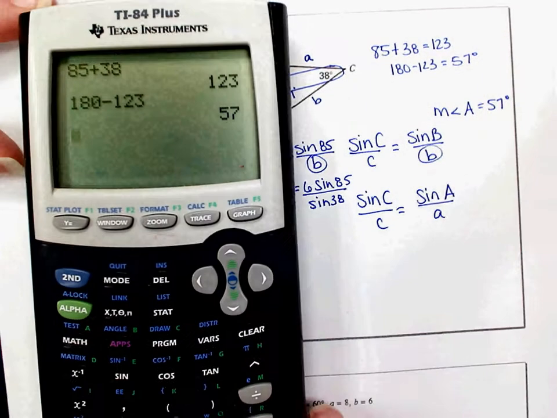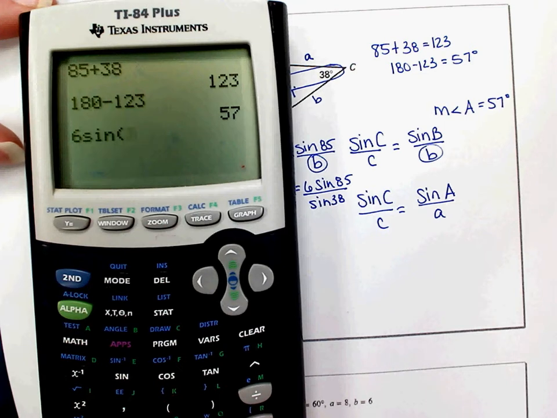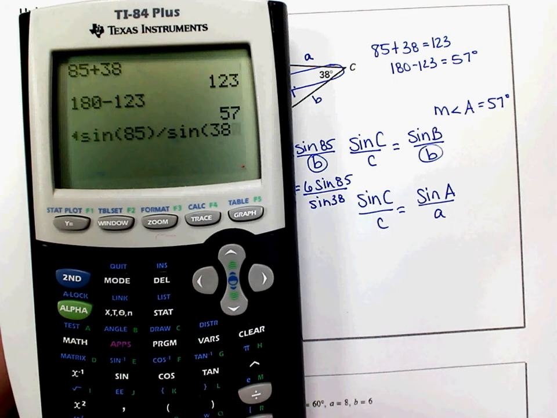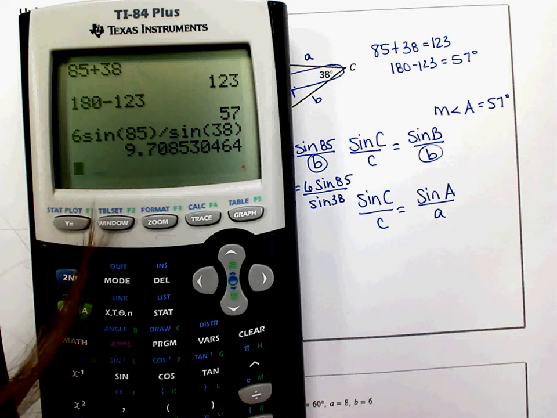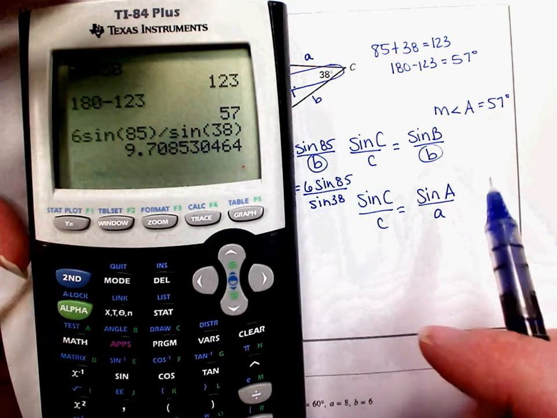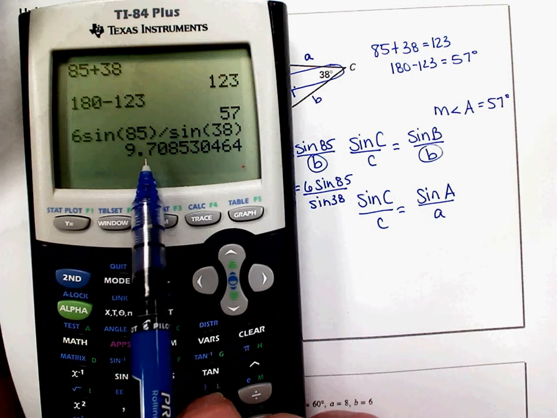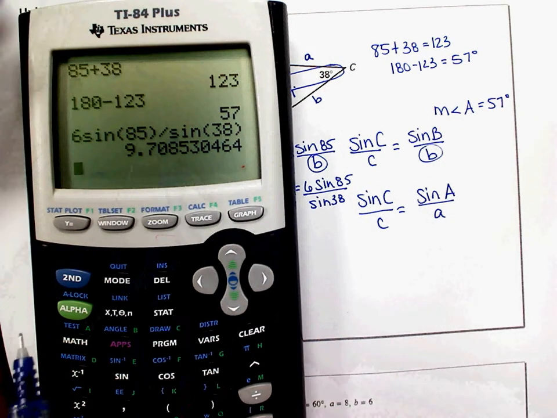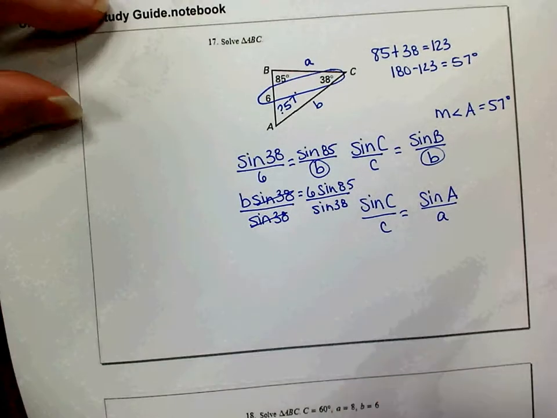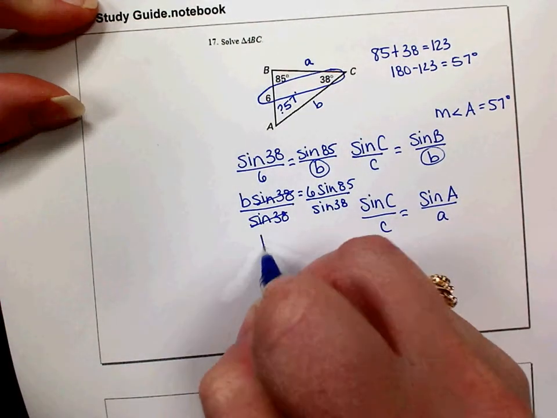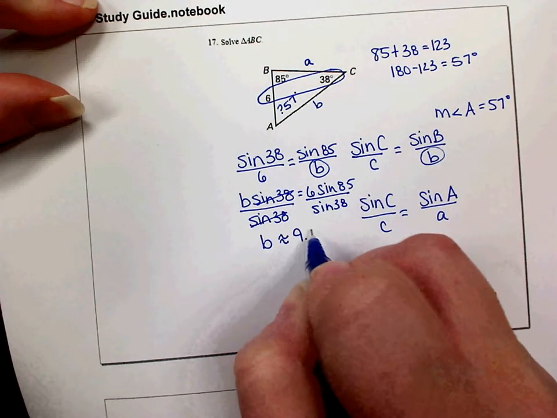So 6 sine of 85, close the parentheses on the 85, divided by sine of 38. And again, you don't have to close that parentheses, but my OCD just forces me to. Can't help it. All right, so we have our B value at approximately 9.7, since next door there's a 0. So B is approximately 9.7.